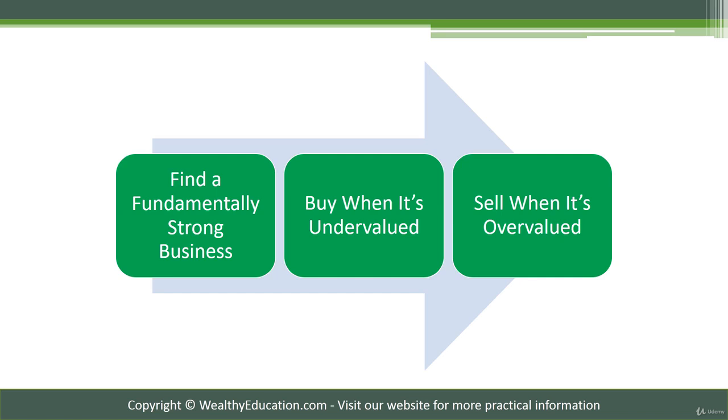And when you find a solid company, the next step is important. You'll need to make sure that it's undervalued. You can easily determine if a stock is undervalued or overvalued by performing a stock valuation based on some method like the discounted free cash flow model. After estimating a company's intrinsic value, you simply compare its intrinsic value with the current market price.